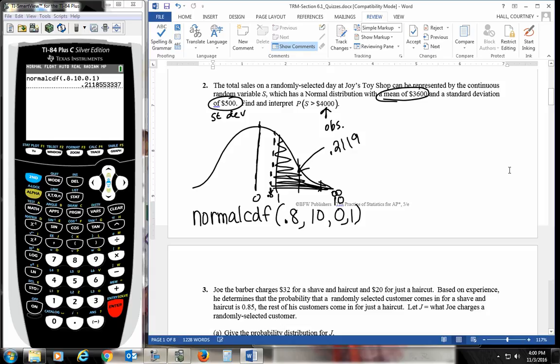Okay, so with interpretations, they want us to actually write out a sentence and use the words that are in the context of our problem.